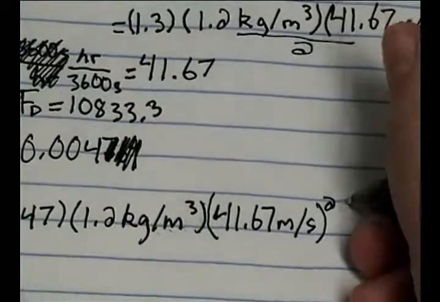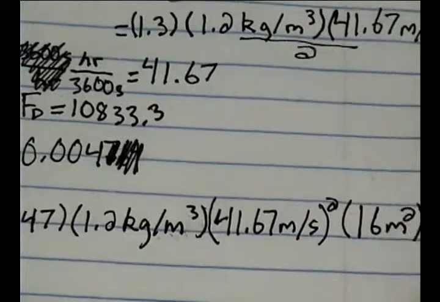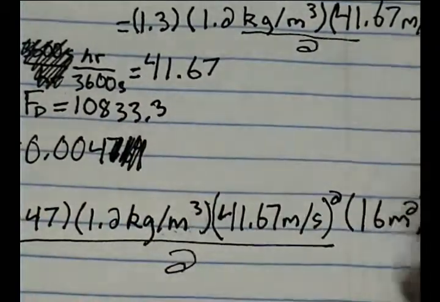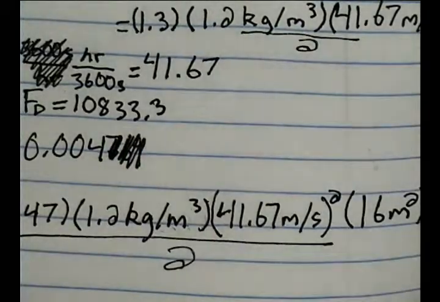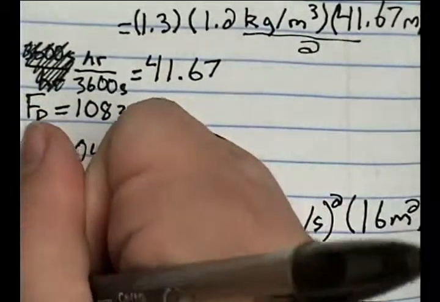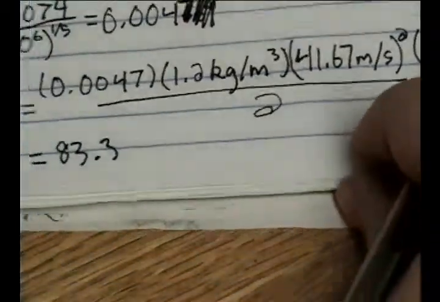So it's going to be 16 meters squared, and all that divided by 2, which gives us 83 1/3, so approximately 83.3.